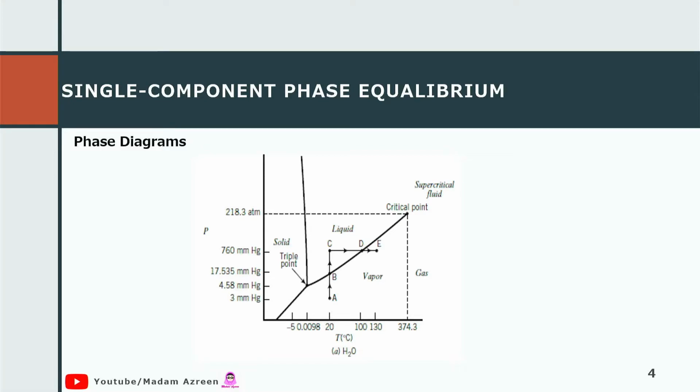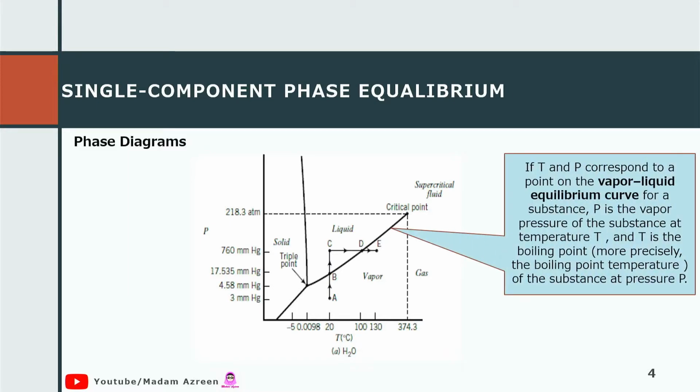The first one we have here is the vapor-liquid equilibrium curve. It separates liquid and vapor.